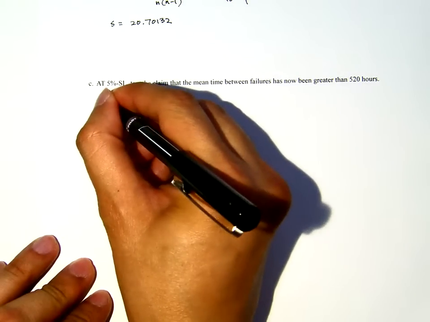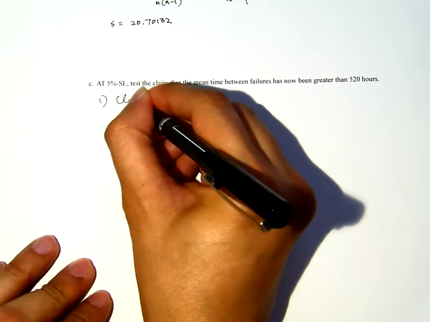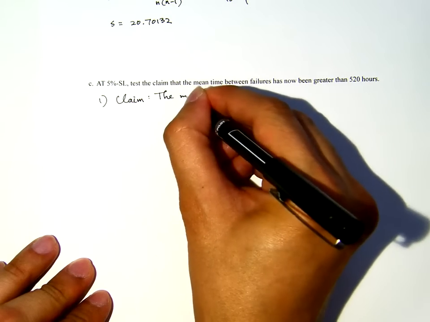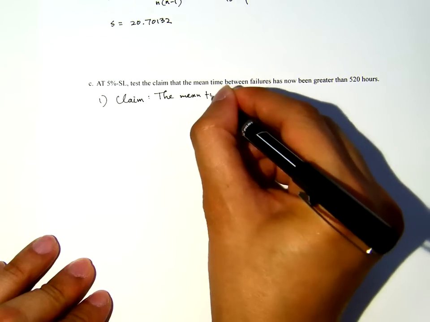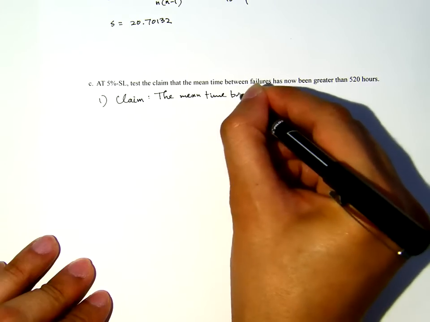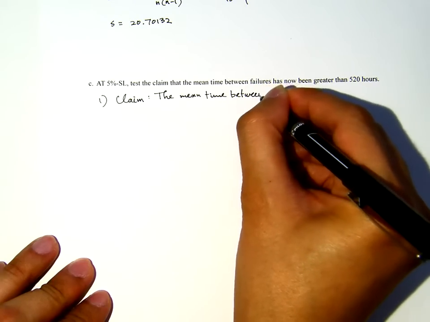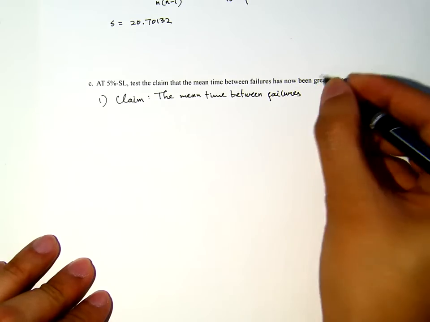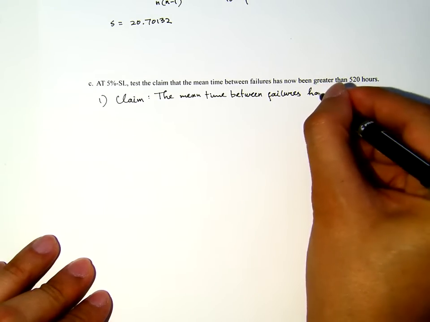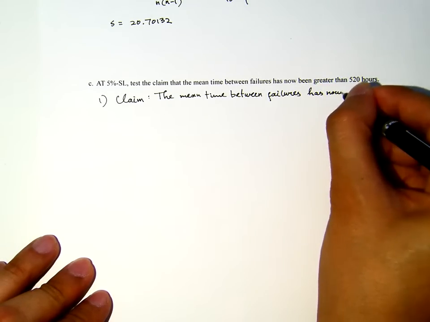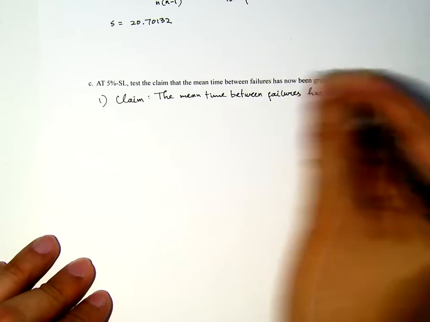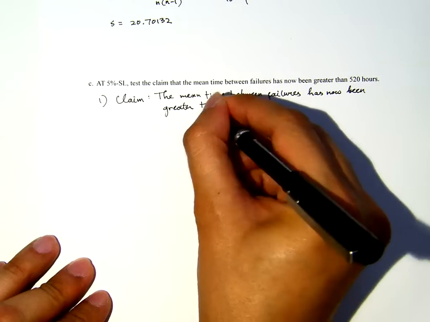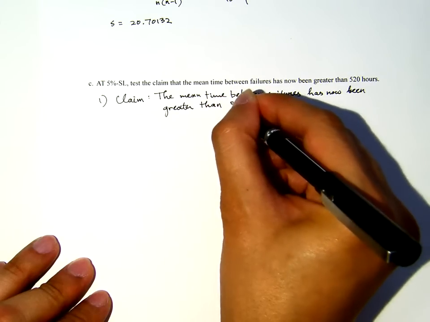Okay, so step 1, the claim: the mean time between failures has now been greater than 520 hours.